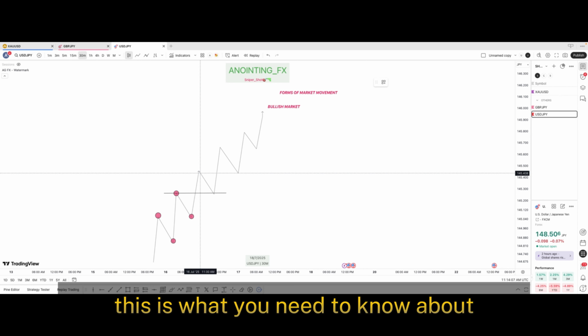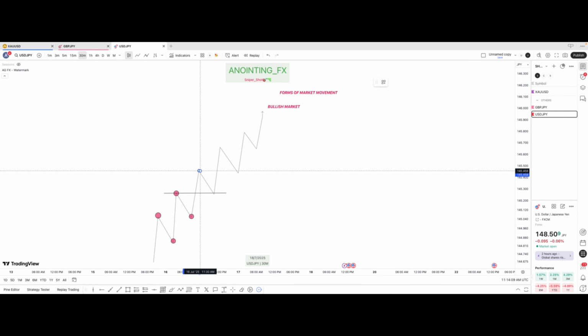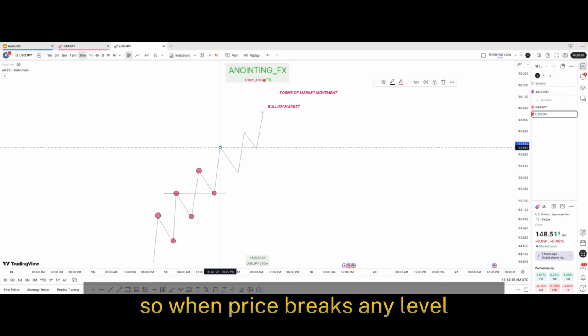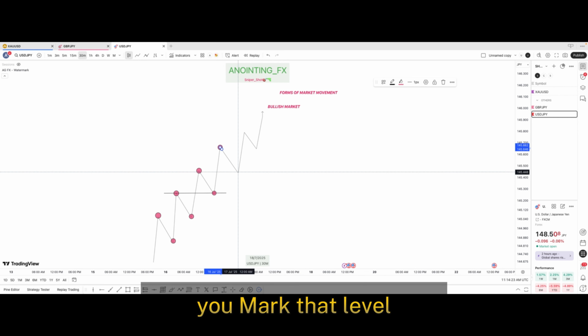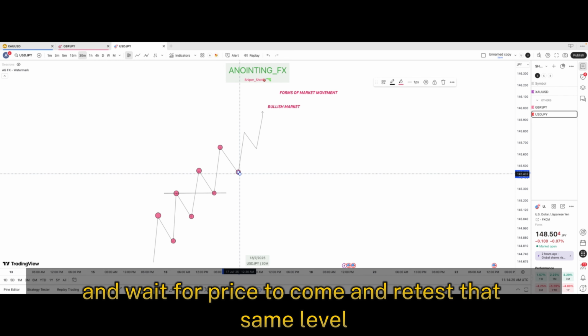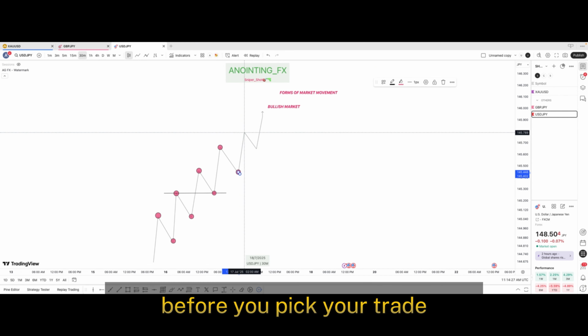So this is what you need to know about market structure. When price breaks any level, you mark that level and wait for price to come and retest that same level before you pick your trade.